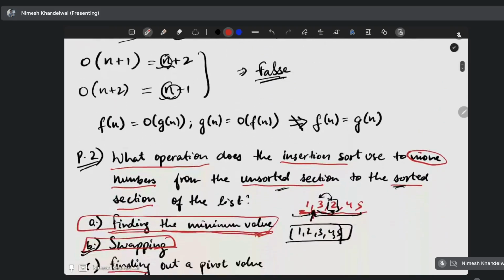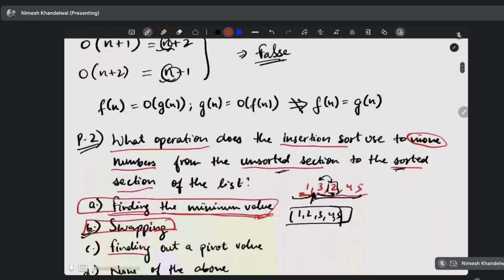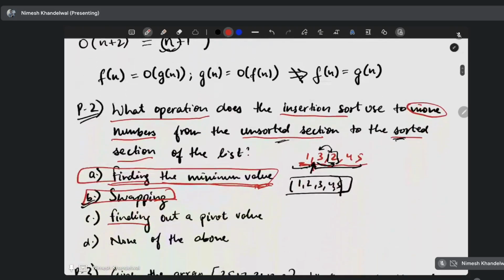And we proved it with an example. Then we selected the operation that insertion sort uses, basically how to move the numbers from the unsorted section to the sorted section.